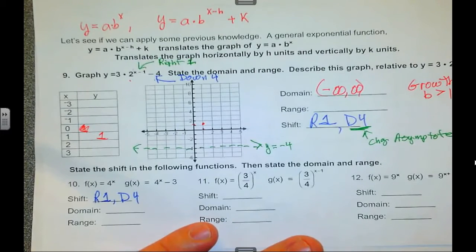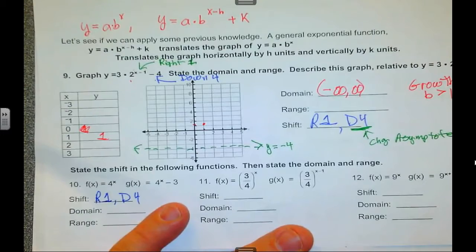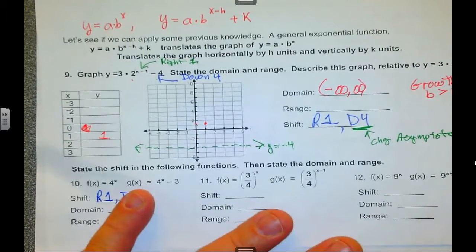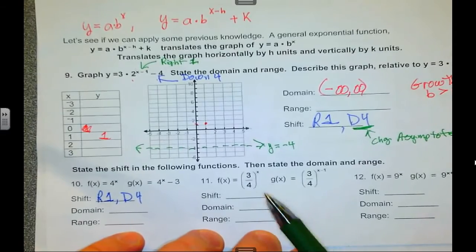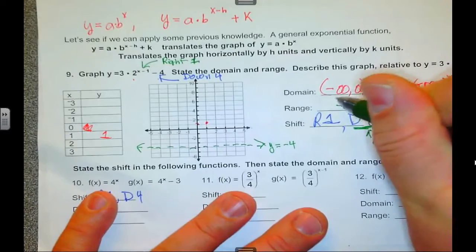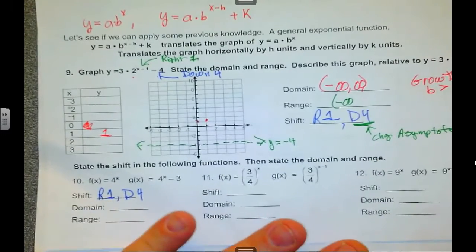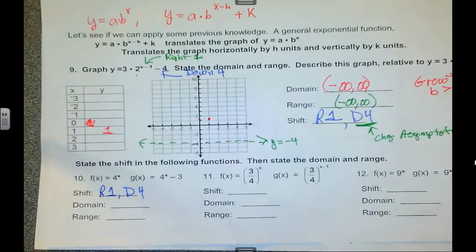If it's growth, what's my range? Well, yeah, but be careful. The asymptote changed. -4, right? And it's going up, right? Positive infinity. You could almost do the end behavior without graphing it. If you're really good at this, right?